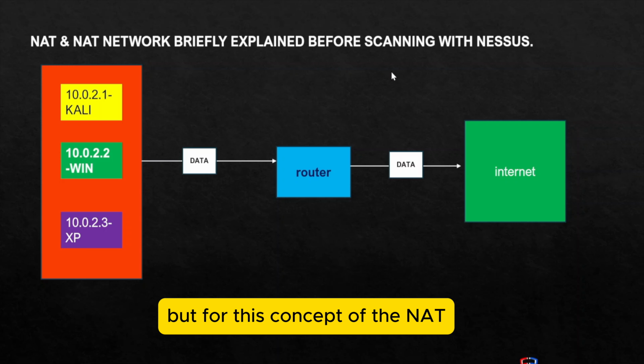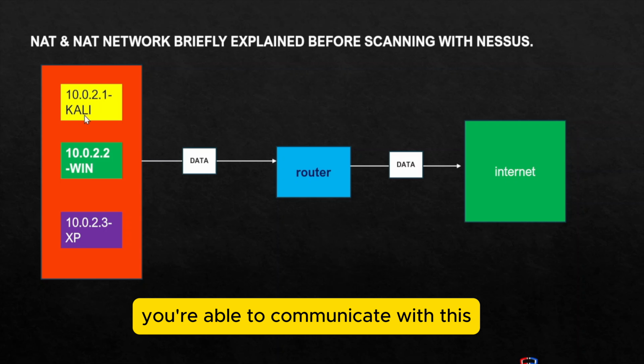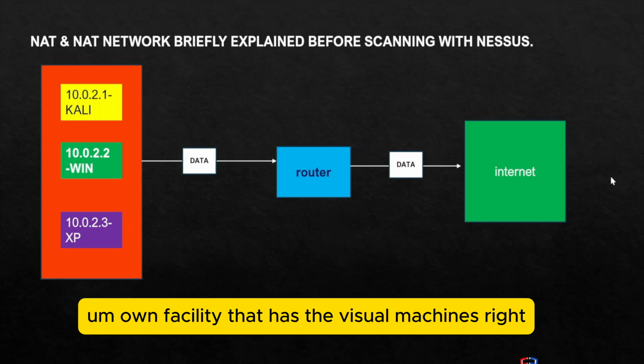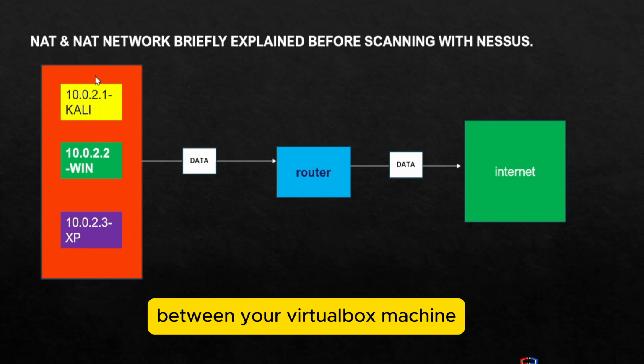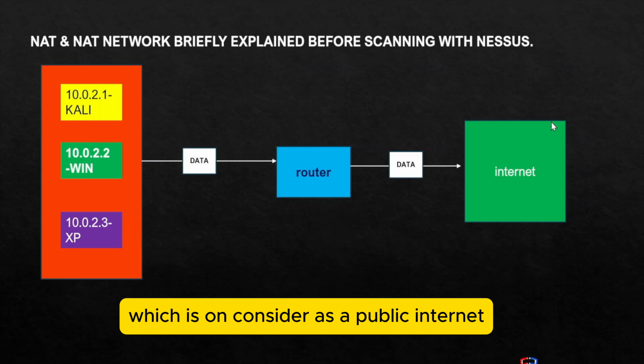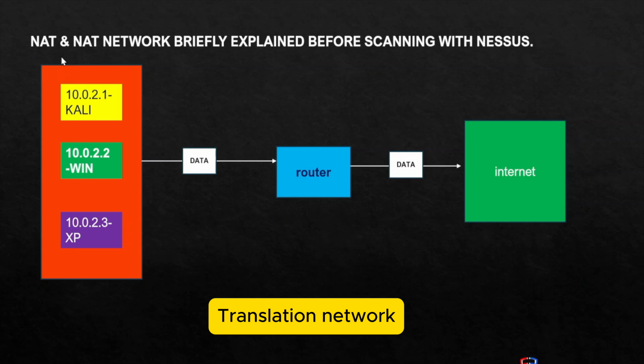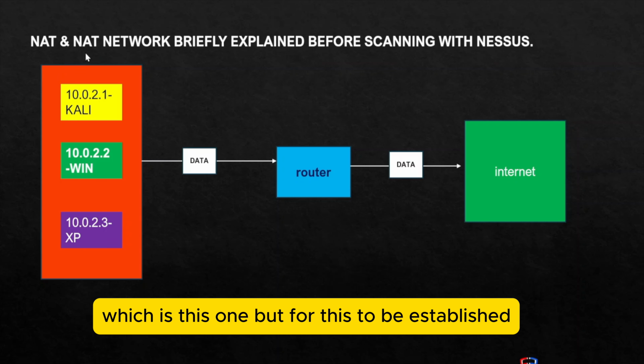Let's say this is the Hack the Box's own facility that has the virtual machines. You're able to communicate between your VirtualBox machine and Hack the Box virtual machines, which are considered as the public internet, because of the network address translation network.